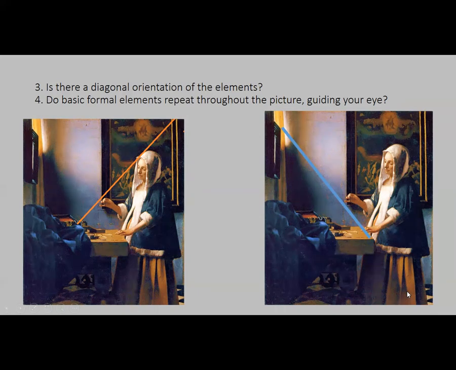So you're going to look for diagonal positioning of things. And when we do our homework, if it helps you to draw a line on the image to prove that it does have that diagonal thrust, although you'll still have to explain it, please do so. You also want to look for two basic formal elements that repeat throughout the picture, guiding your eye around the whole picture.